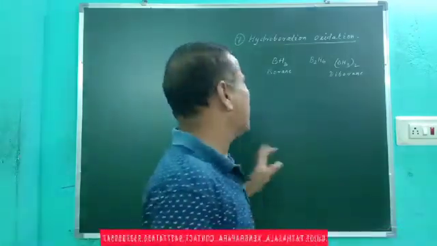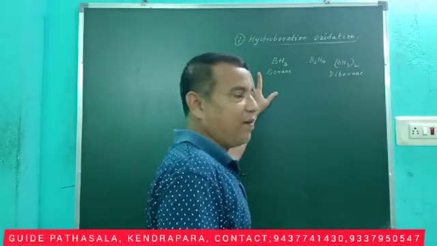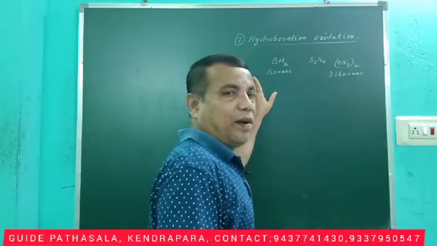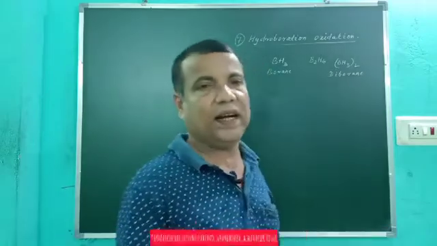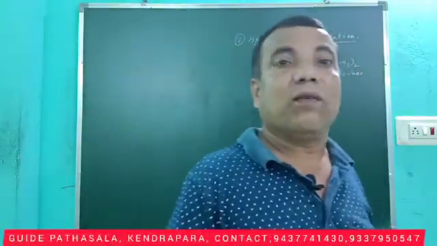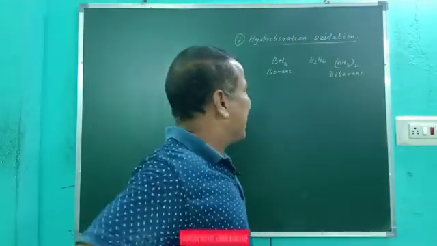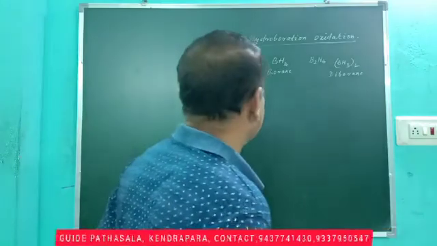Hydroboration oxidation means first an alkene is to be treated with diborane to form trialkyl borane, which on oxidation with hydrogen peroxide in presence of an alkali forms a primary alcohol.